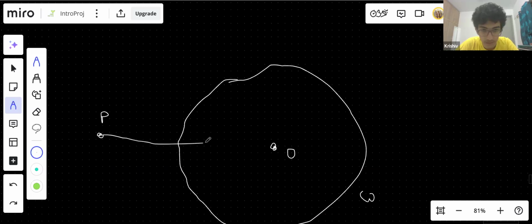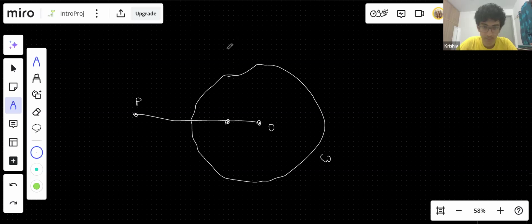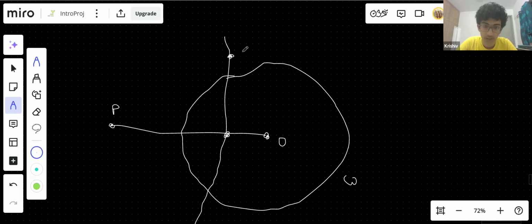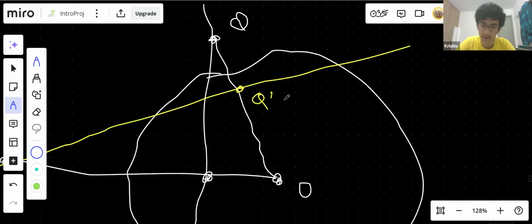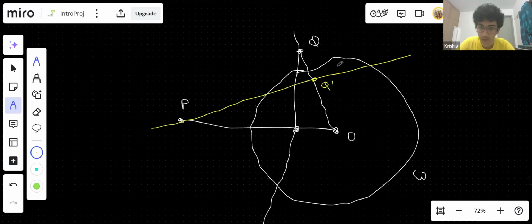Then I take the polar of P. Suppose this is the polar of P, and then I take a point Q that is on this polar, and I draw the polar of this point. It turns out that this polar passes through P.